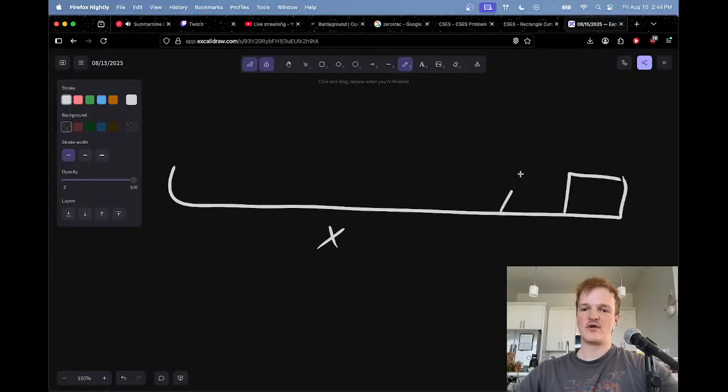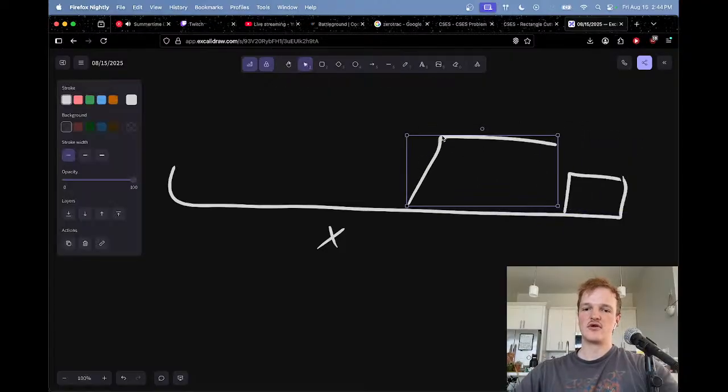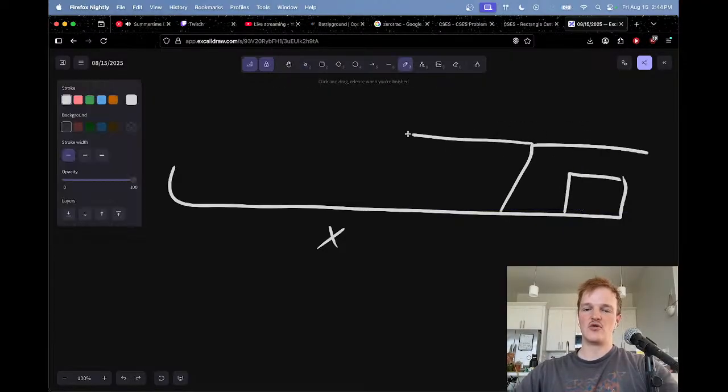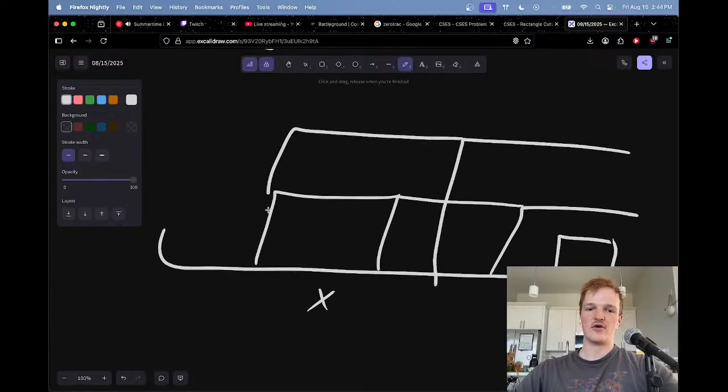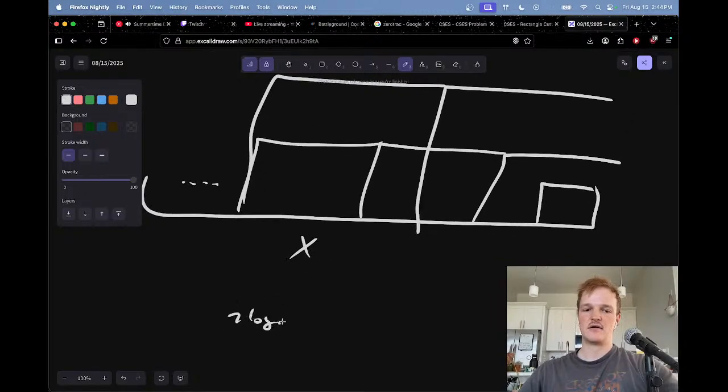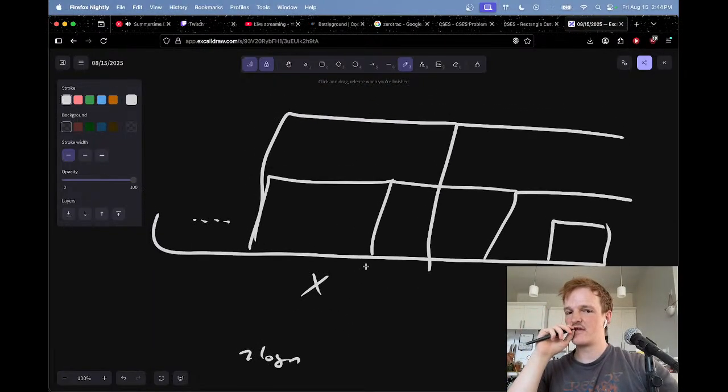I could draw squares of size 2 that go all the way over. I could draw squares of size 3 that go all the way over. And that's going to be n log n to look at each of these partitions.